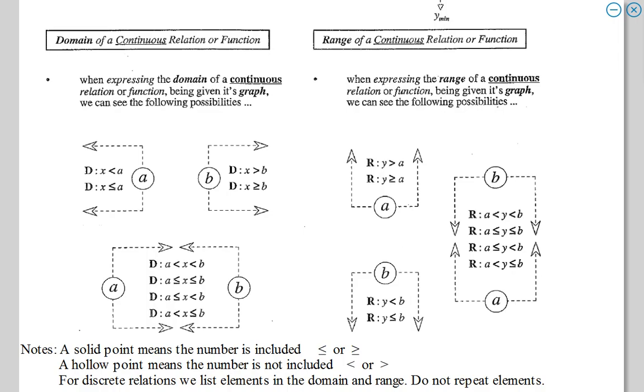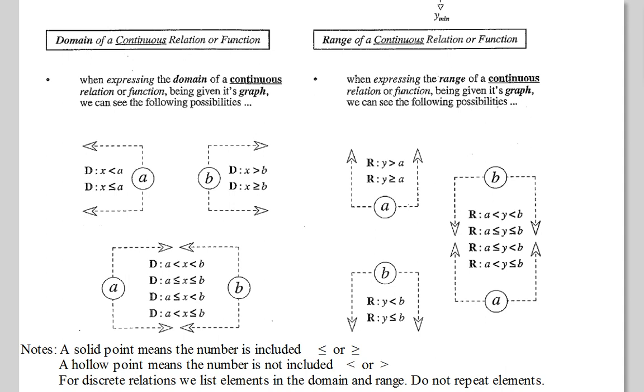Okay? And for the most part, you have continuous relations that you have to do domain for, but occasionally you have discrete as well. Do you guys remember inequalities from junior high? You don't? What does this one say right here?